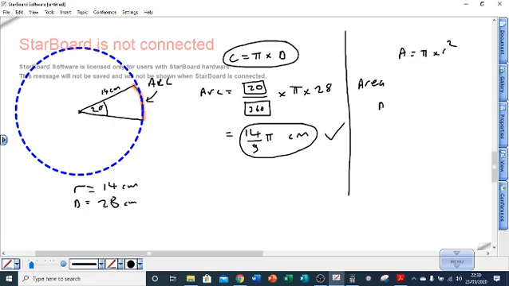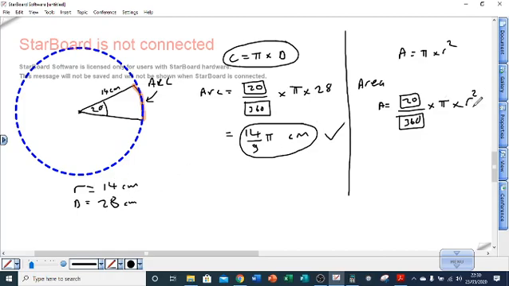So the area is now a part or a fraction of a full circle, times by pi times by radius squared. Now the fraction again, as you've just seen, is 20 parts out of 360. 20 over 360 times by pi times radius squared.